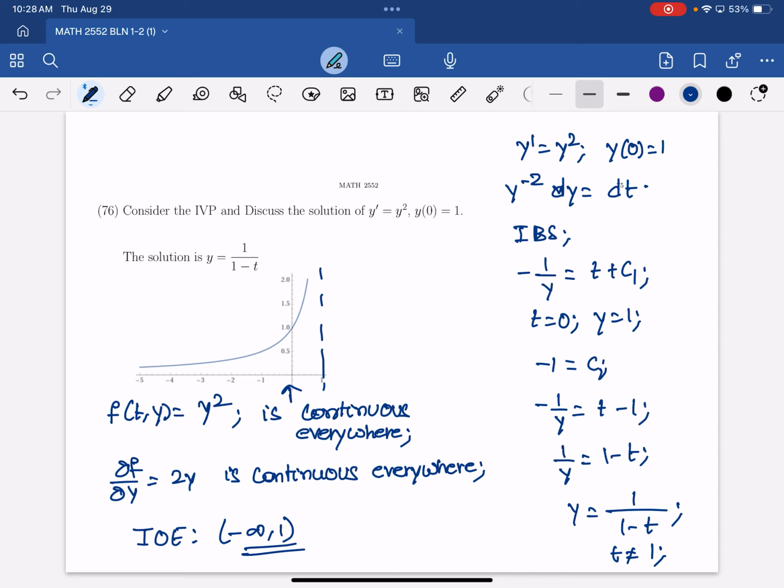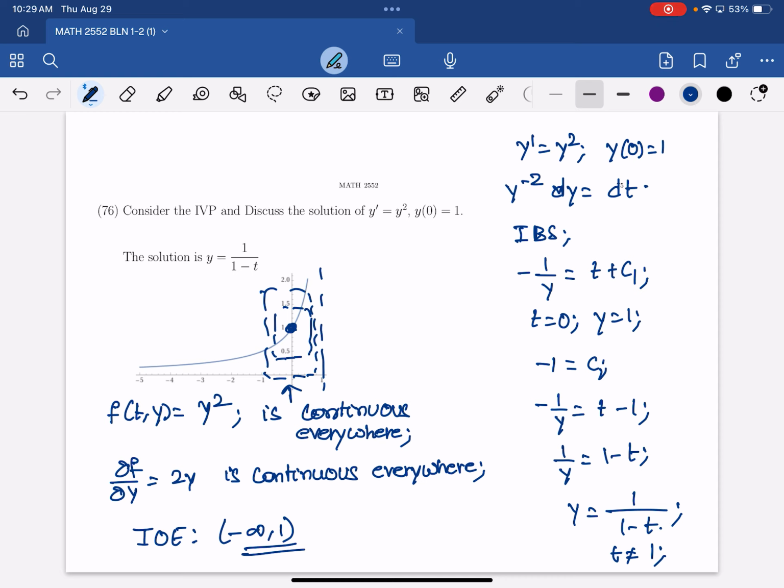I'm confused. Okay, I'll repeat. This is my initial value, right? y of 0 is 1. So my rectangle has to be to the left of t equals 1. It cannot touch t equals 1 because if it touches t equals 1, my solution becomes undefined.